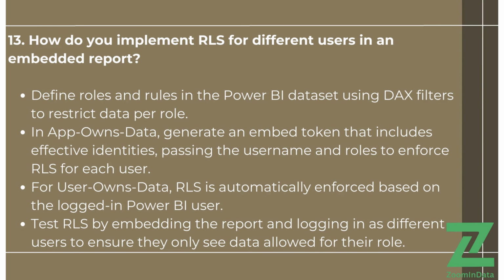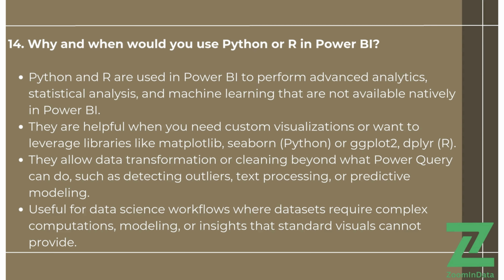For User Owns Data, RLS is automatically enforced based on the logged-in Power BI user. Test RLS by embedding the report and logging in as different users to ensure they only see data allowed for their role.